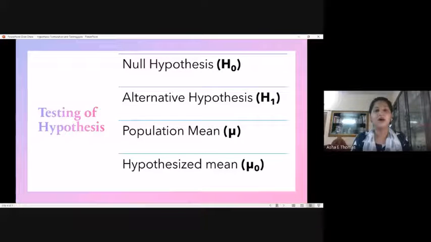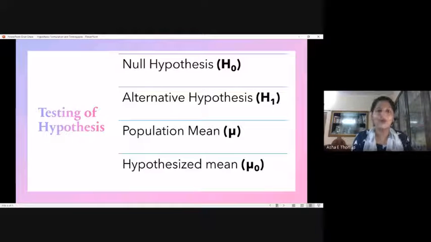For example, if I'm looking at the average preference of people of Kerala for certain financial products, maybe insurance, it is very difficult for me to get a population mean for factors that are not readily available.